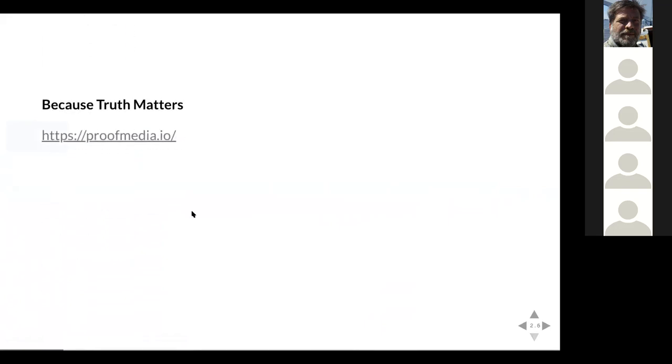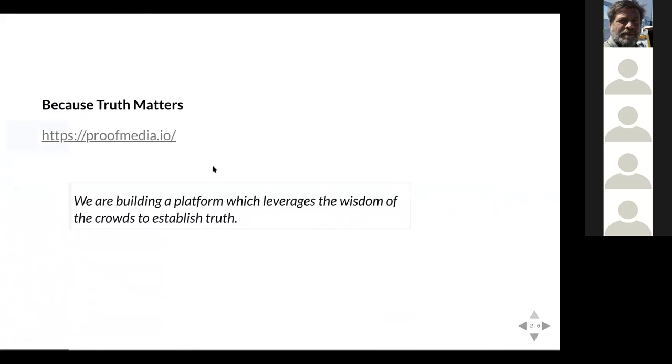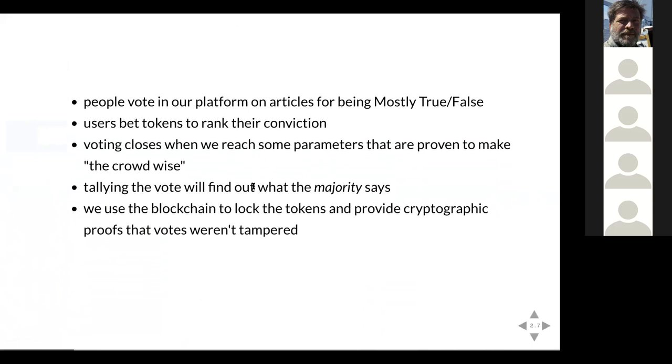Okay. Proof platform. Why are we here and why are we trying to use rchain? This is a platform that wants to enable this wisdom of the crowd to vote for articles to be true or false. So people will come to register and vote on our platform on articles that exist on the internet, and they will bet some tokens to, let's say, rank their conviction.